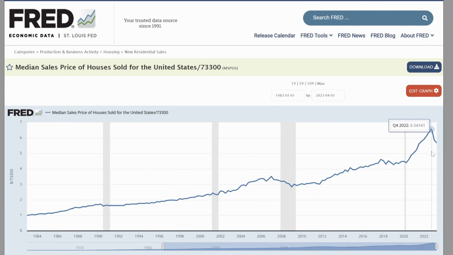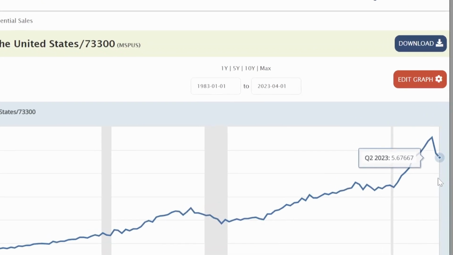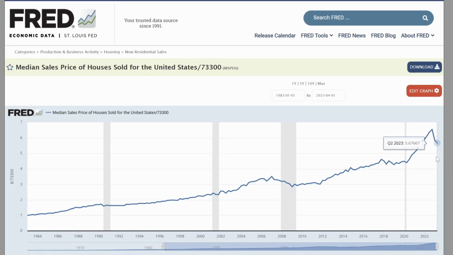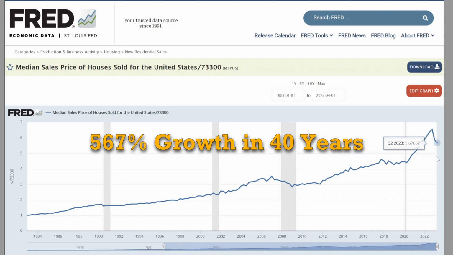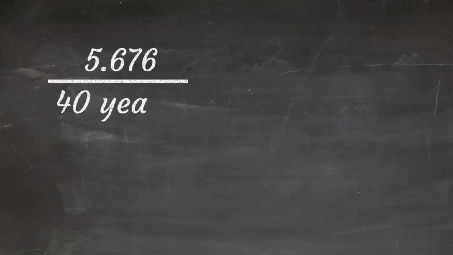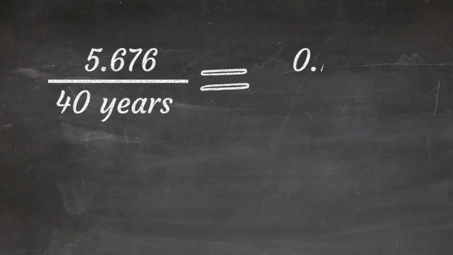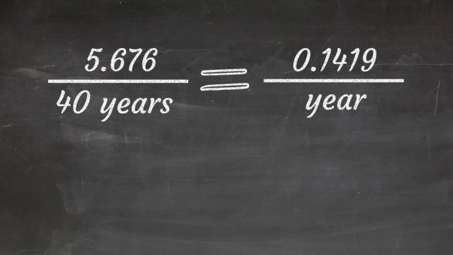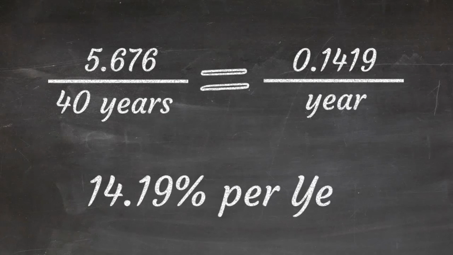Now, the last number, 5.676, tells you how much it has grown in comparison to 1983, which is 567% growth in the past 40 years. In order to use that number, you would take 5.676 and divide by 40, and that would give you 0.1419, which means that it has grown around 14.19% every year over the past 40 years.